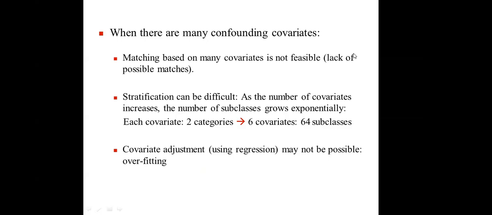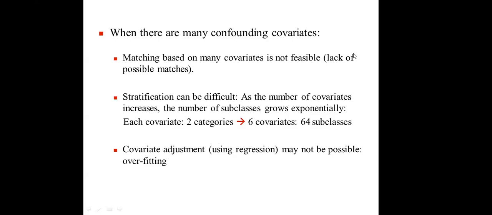So you run out of good matches. With stratification, when you make subclasses, you can see in this example that if you had even a few covariates, maybe 6, each of which was binary and had 2 categories, you would end up with 64 subclasses of data. It just grows very quickly, where it gets unwieldy and the subclasses may have very few members in them.